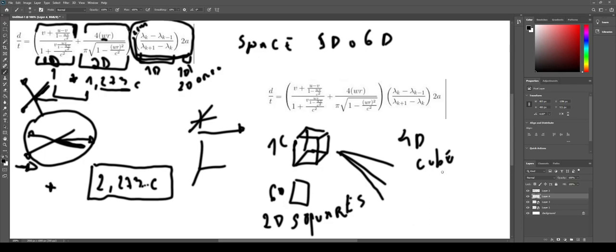And a 5-dimensional cube is some sort of a lot of 4D cubes that are a lot of 3D cubes.